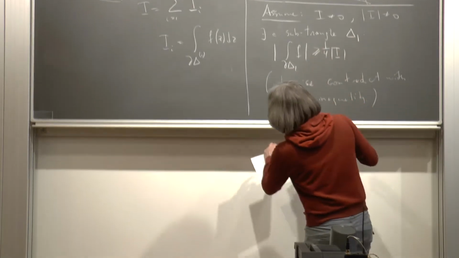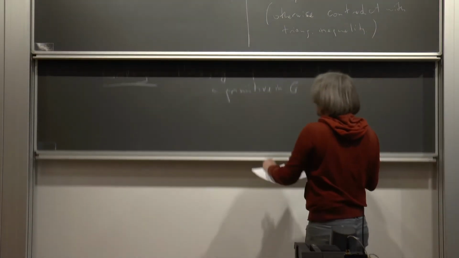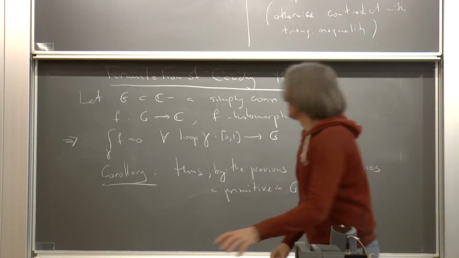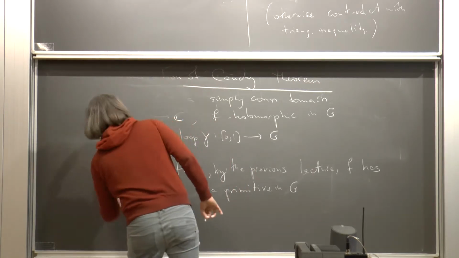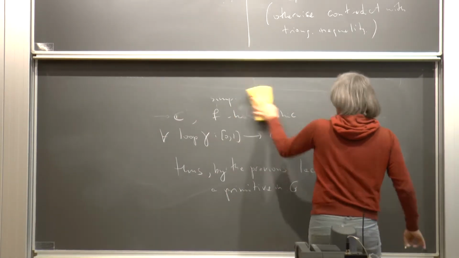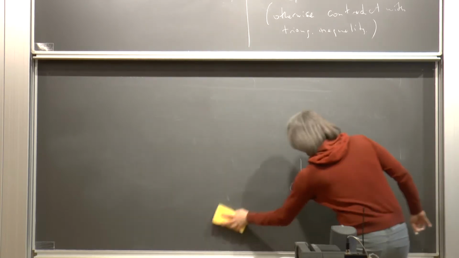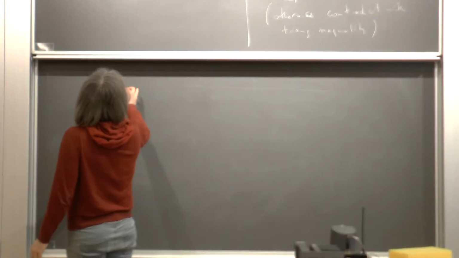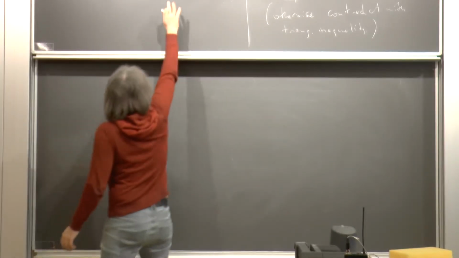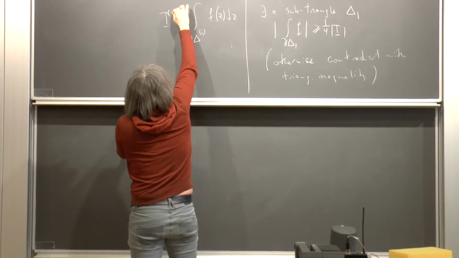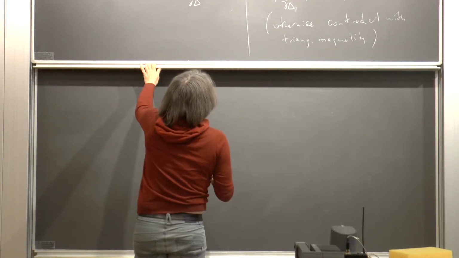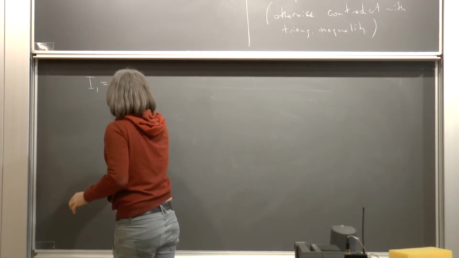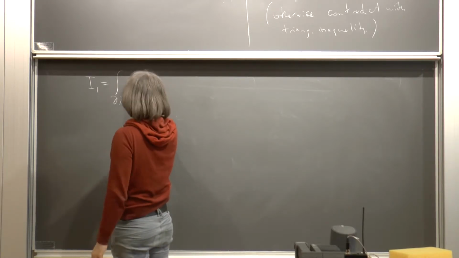So I1 is the integral over the boundary of delta 1 of f.